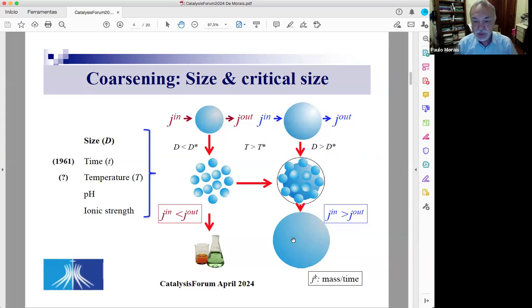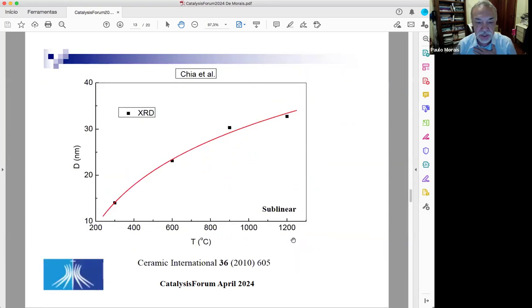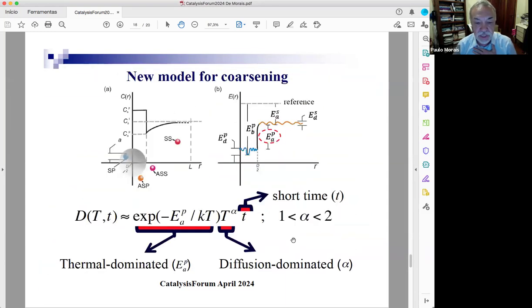We think about this process when the nanoparticles are in contact with the liquid medium. And in particular, to be able to derive the equation I showed you later on, we need to assume that we have a stable colloidal suspension where all this process can take place.